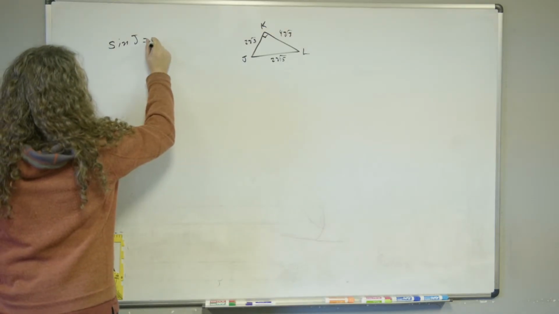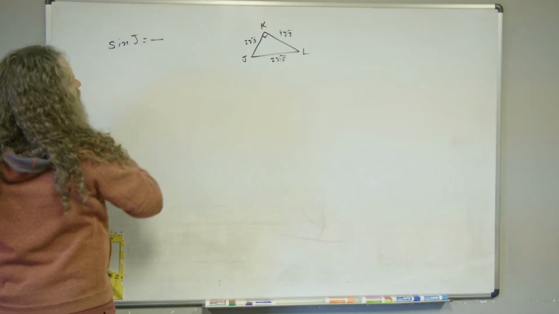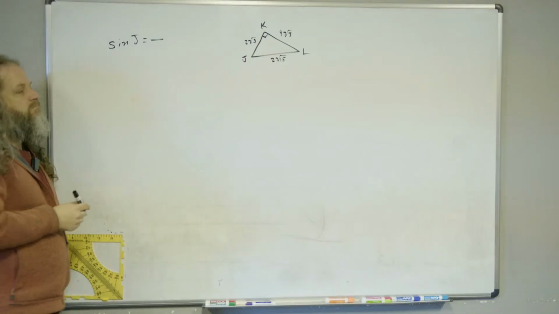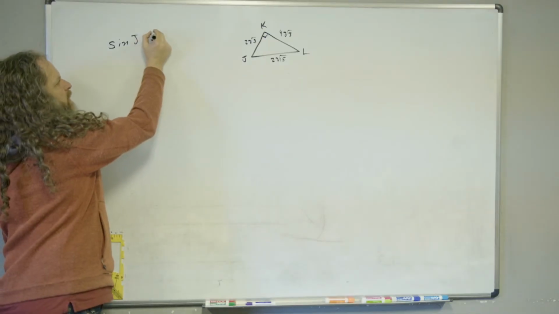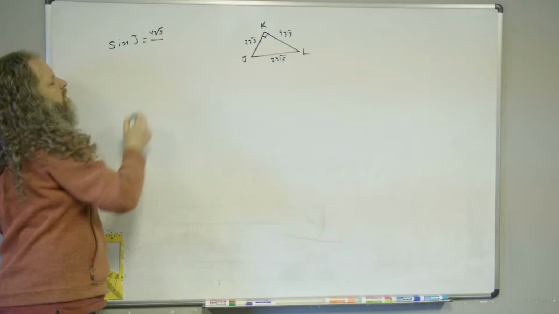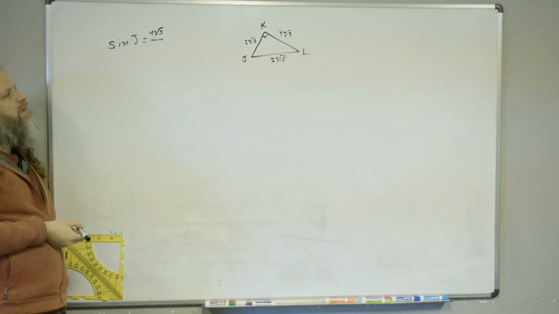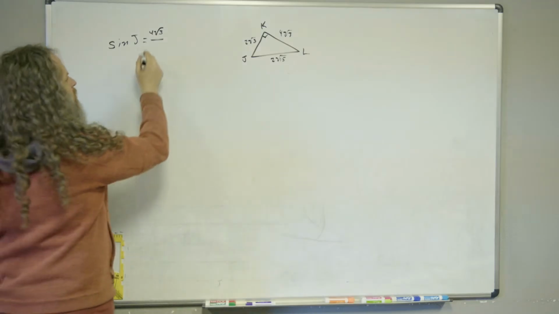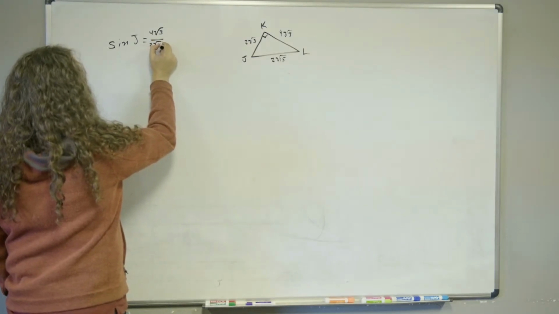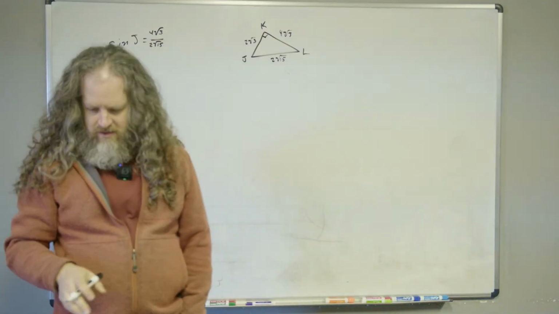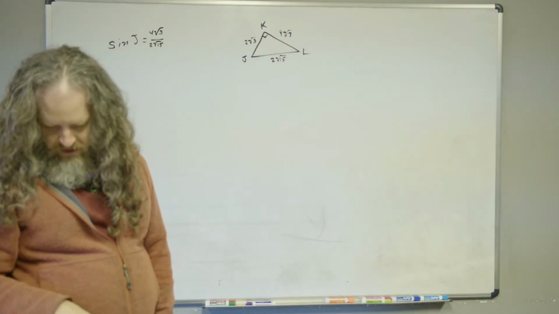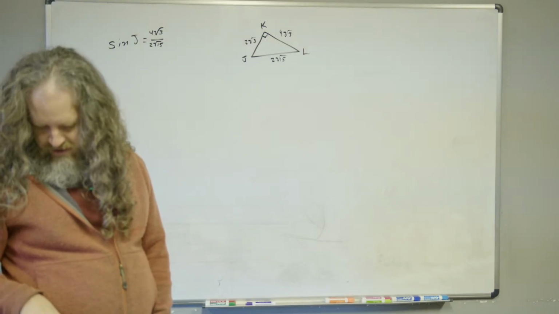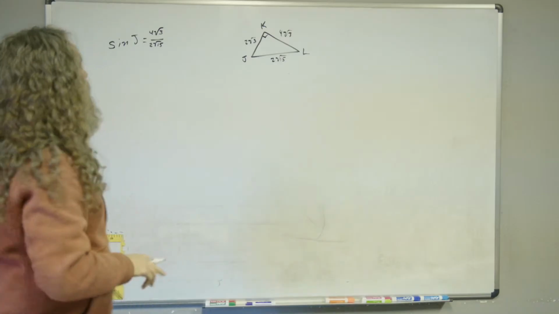Which length is opposite of J? 4 times the square root of 3, true enough. And then the hypotenuse, what is the hypotenuse? 2 times the square root of 15. Is it the square root of 15? It is the square root of 15. What did the key say? Oh no, this isn't that one. Okay, good.